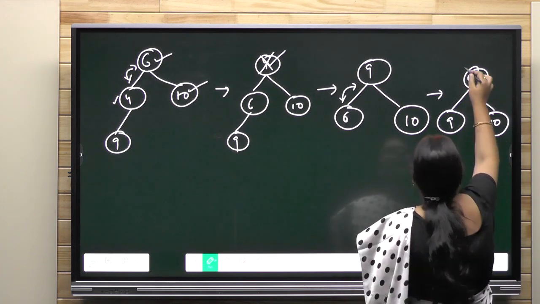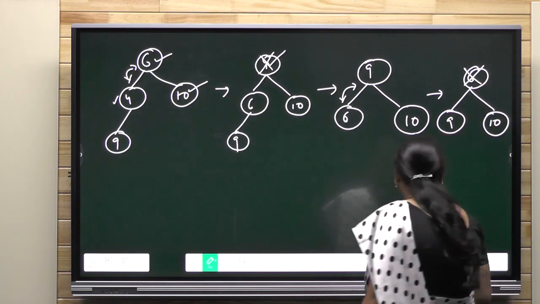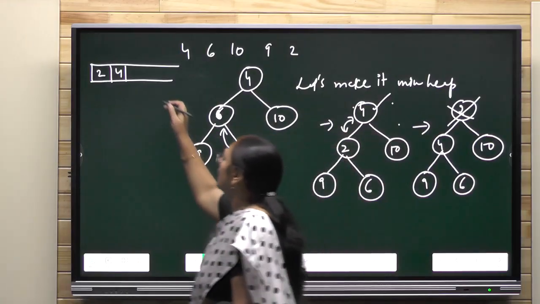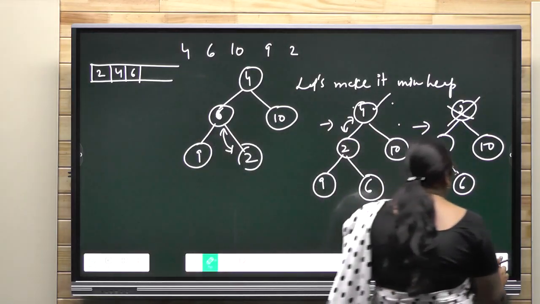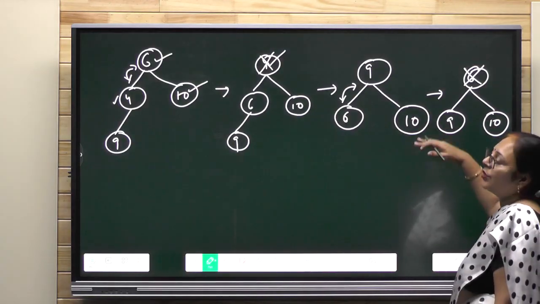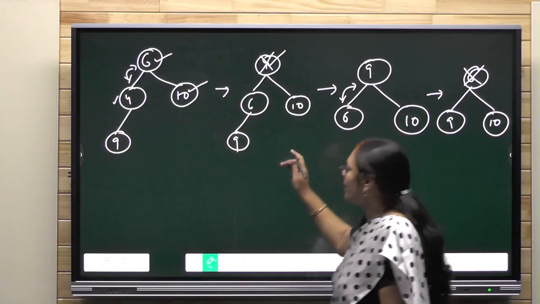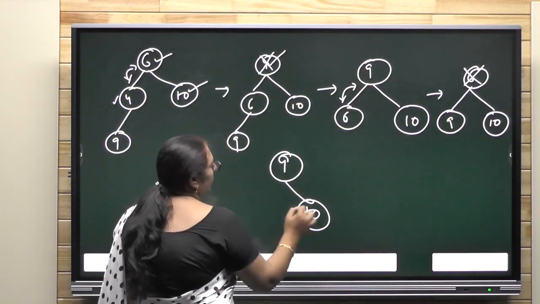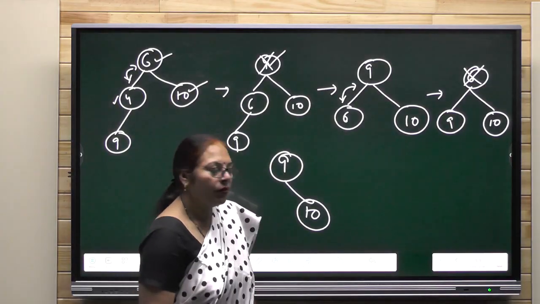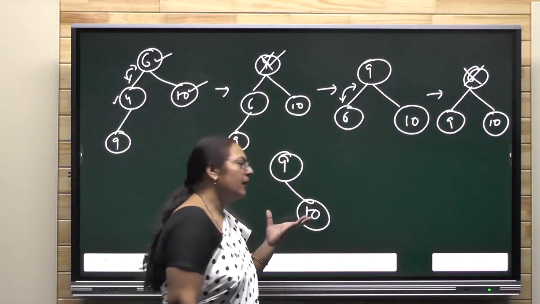Delete the root. That means delete 6 and put it in the array. So we got 6 here, and from the heap it is deleted. Which one is going to be at the root? Leftmost, that means 9, and 10 will be on the right child of 9. We check whether it is a min heap.